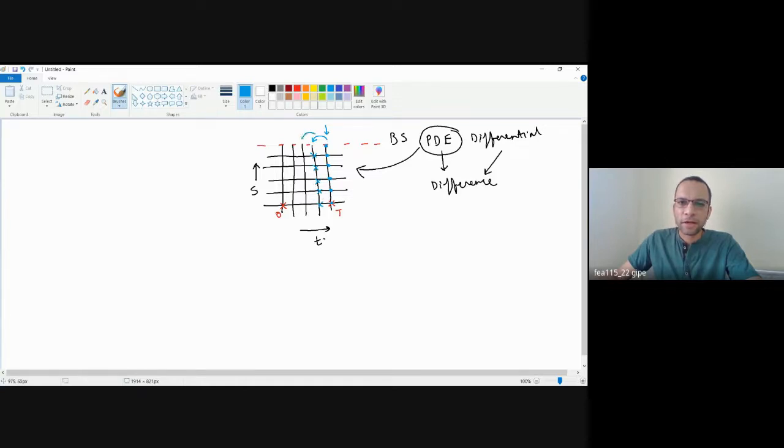Once I do that, I again step back and so on until I reach my time step equal to 0. So this is my target cross section, where I'm trying to go. Once I do that, my job gets done, because finally I am interested in what the option MTM is today, or standing at small t equal to 0. So once that is done, pricing the option or calculating the fair value of the option is possible. And for that, I start from the terminal condition and I keep stepping back in time.